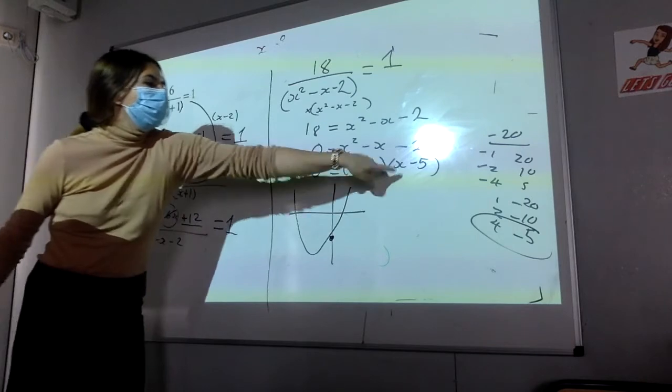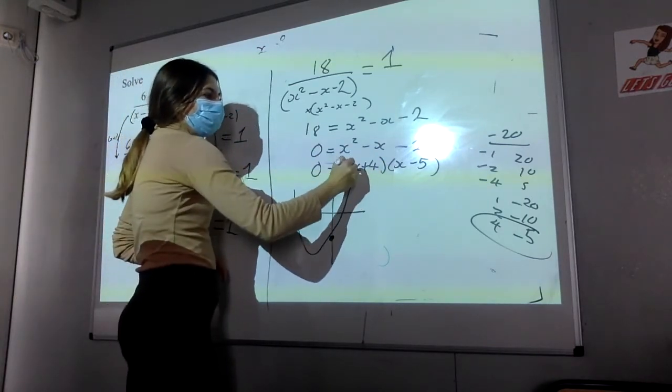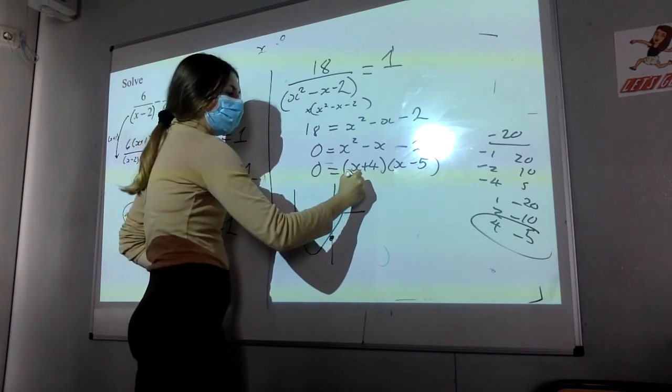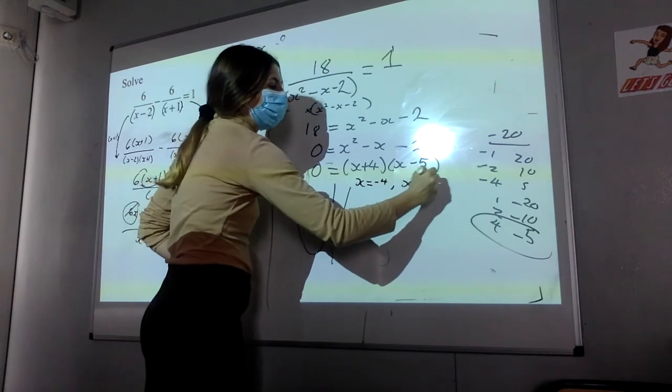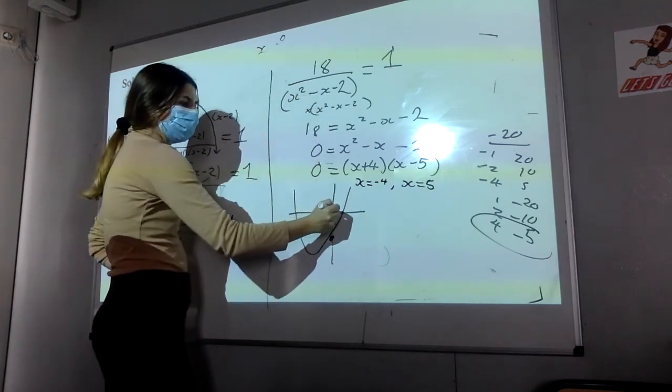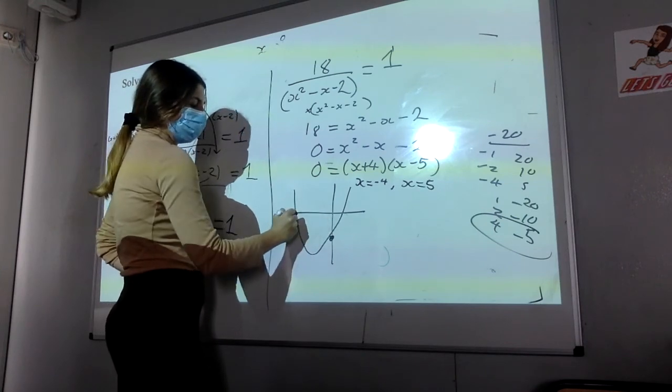Now when you solve this equation, this is a new part of what we've not learnt, you take this number and you change the sign. So x equals minus 4 or x equals 5. This is because this means x crosses at either minus 4 or x crosses at 5.